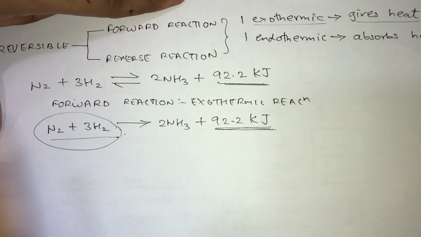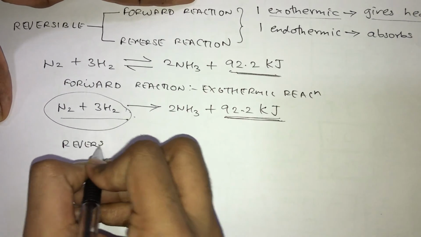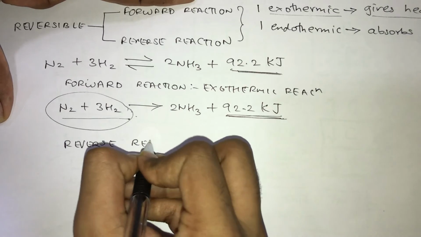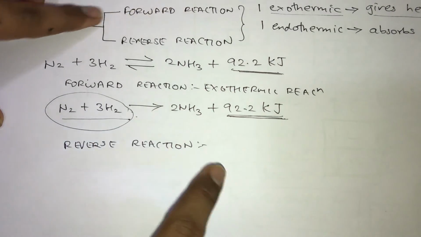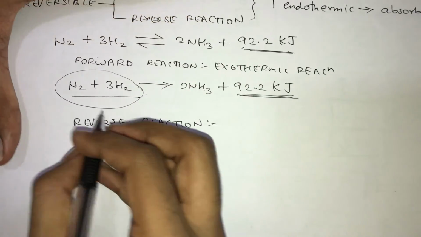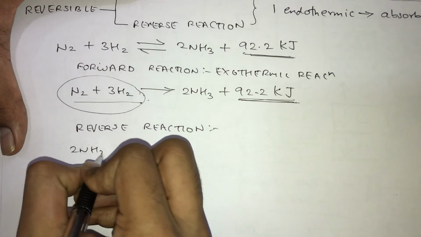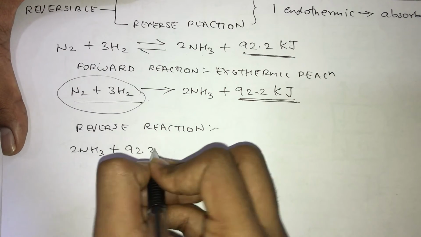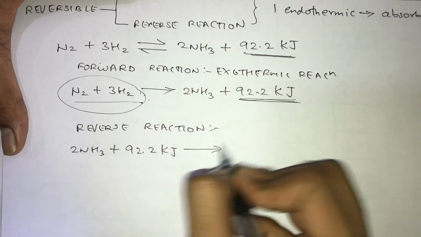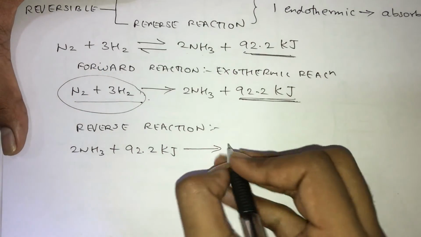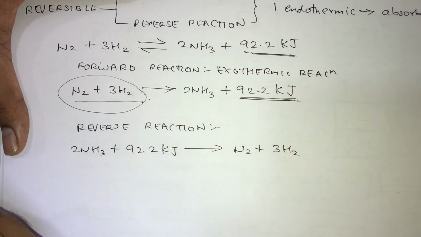Okay, now let us write the reverse reaction. What is your reverse reaction? It is nothing but 2NH3 plus 92.2 kilojoules turning back into nitrogen plus 3 moles of H2.